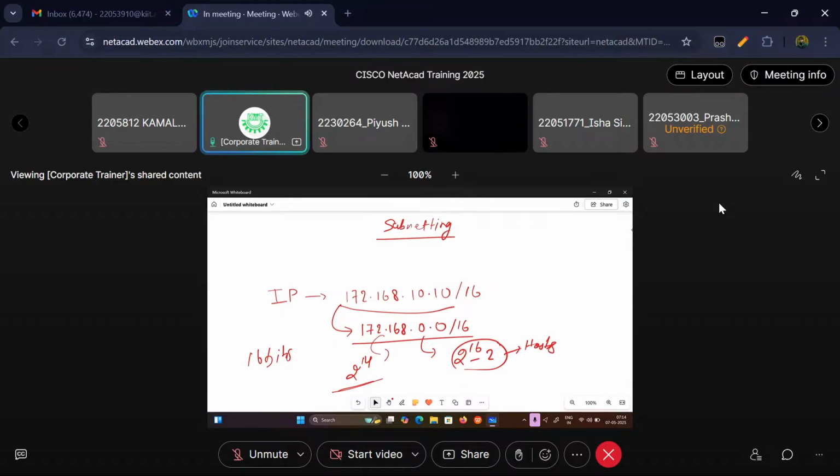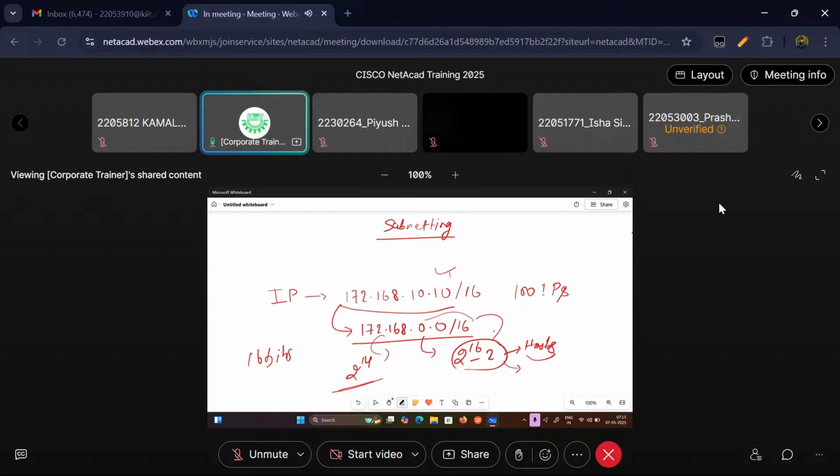Just think of it. Per network, how many hosts can you configure? Per network, you can configure 2 raised to the power 16 minus 2 hosts. And suppose you have a requirement of only 100 IPs, but you have used this network, 172.168.0.0.